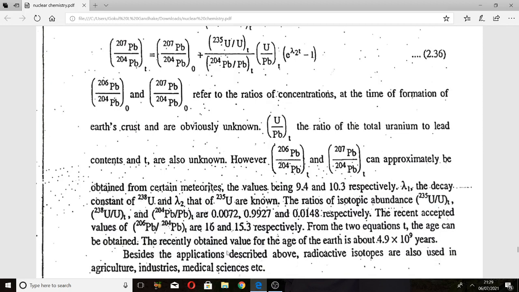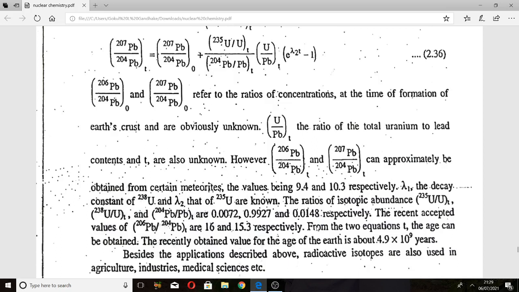The decay constants lambda 1 for uranium 238 and lambda 2 for uranium 235 are known. The isotopic abundance ratios, uranium 235 divided by uranium, uranium 238 divided by uranium, and lead 204 divided by lead, are 0.0072, 0.9927 and 0.0148 respectively.